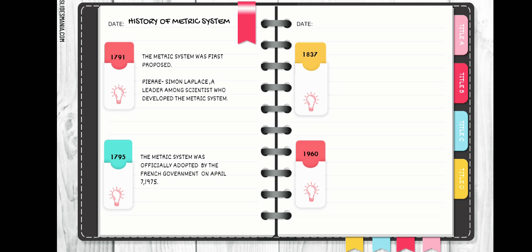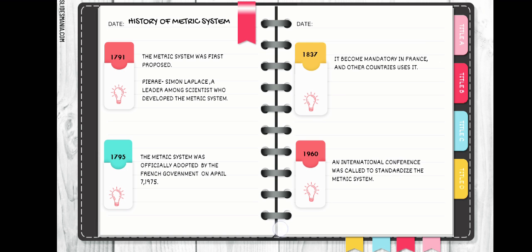And during 1837, it became mandatory in France and other countries also started to use it. And during 1960, the General Conference on Weights and Measures, the diplomatic organization made up of the signatory nations to the Convention of the Metre, adopted an extensive revision and simplification of the system.